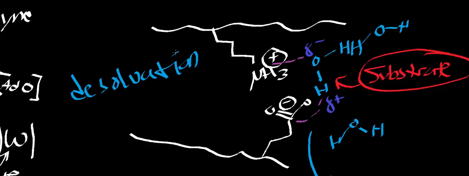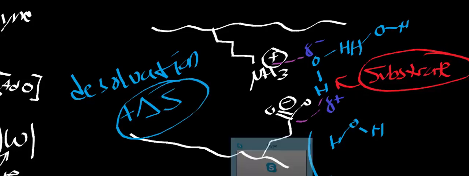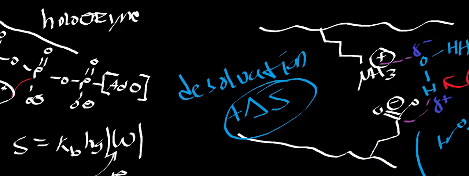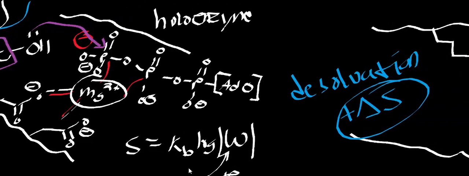Desolvation is basically, you can think of it as an expulsion of water that occurs when the substrate binds in the active site. Okay? And this process gets a positive delta S. Okay? And effectively what happens is this positive delta S more than compensates for the negative delta S that we saw over here. Okay? So overall, the process has a positive delta S.